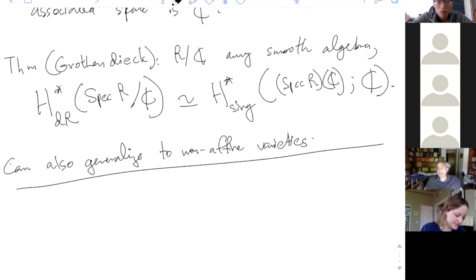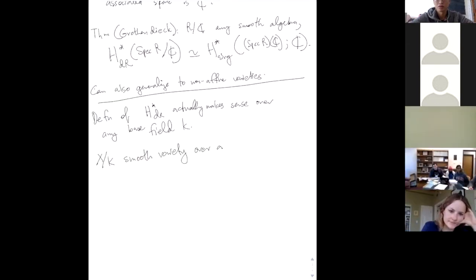Well, one reason is that the notion of algebraic de Rham cohomology doesn't really depend on the fact that we're working over the complex numbers. So if X is a smooth variety over a field K, one has the notion of algebraic de Rham cohomology, which is defined similarly.